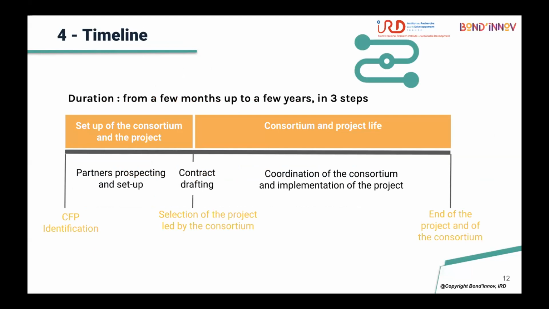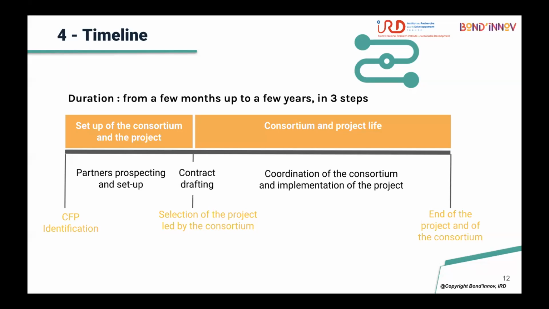So the timeline in building a consortium could be from a few months to a few years, but in three main steps. It depends on the nature of the call. If you see, for example, the European calls, they start advertising the call 6 months, even 1 year before the deadline of the call.